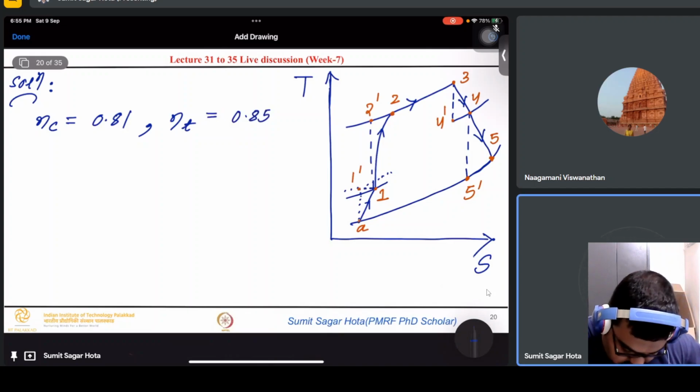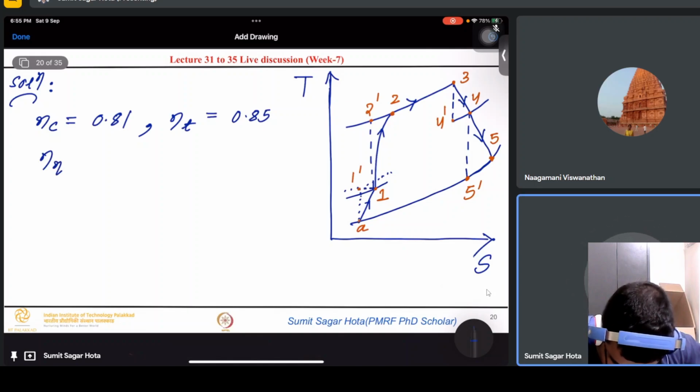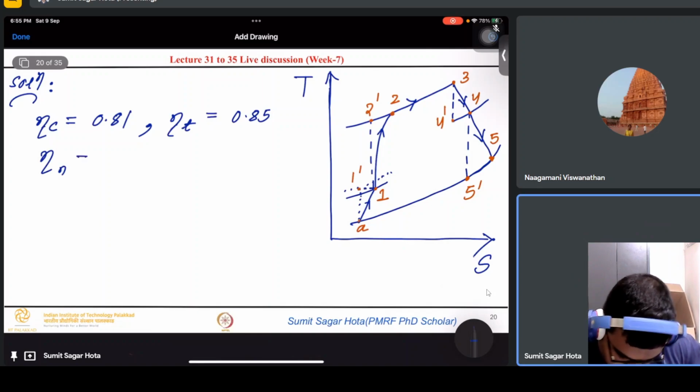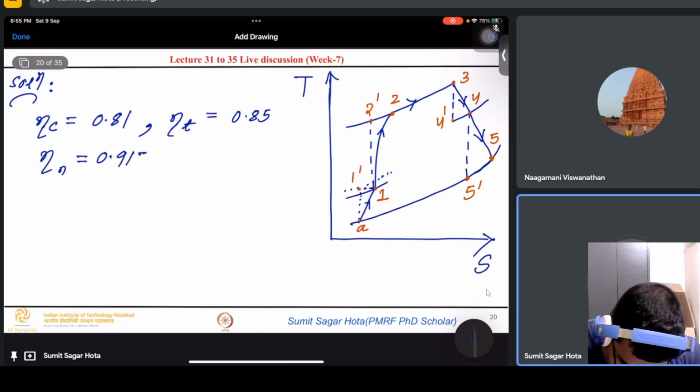And isentropic efficiency of the nozzle is equal to 0.915.